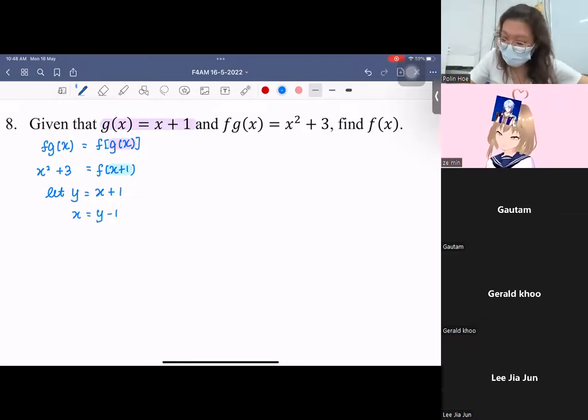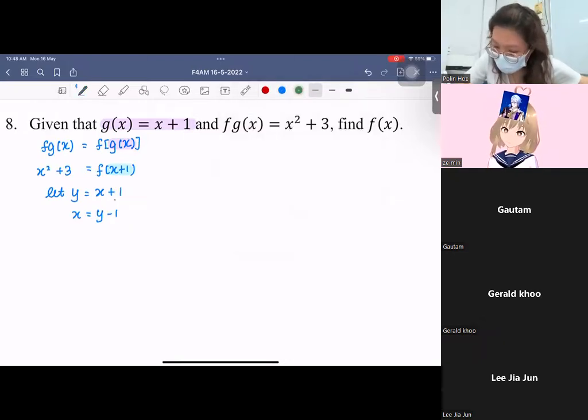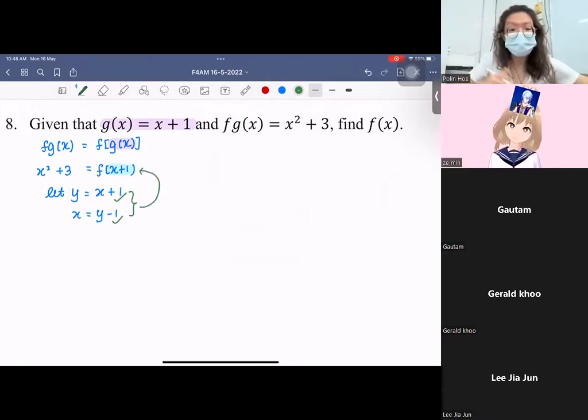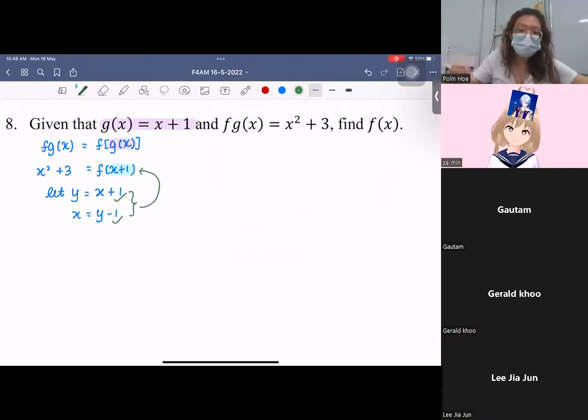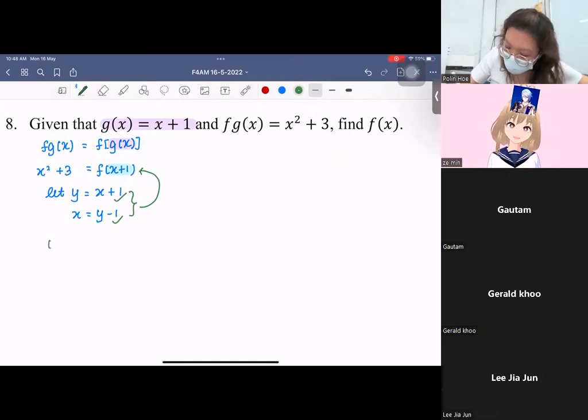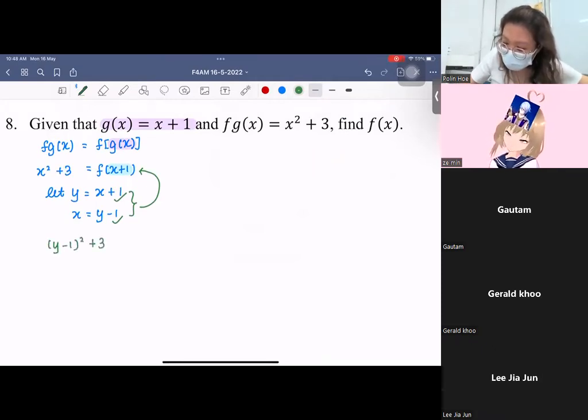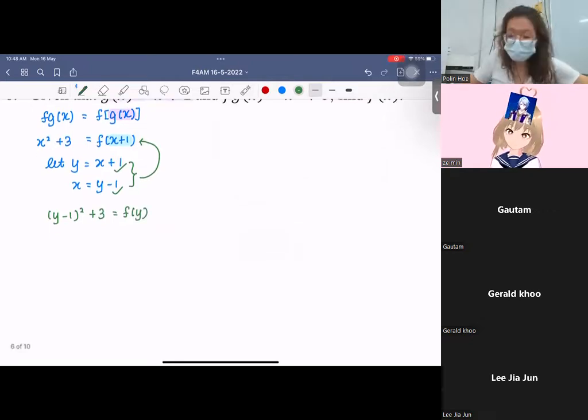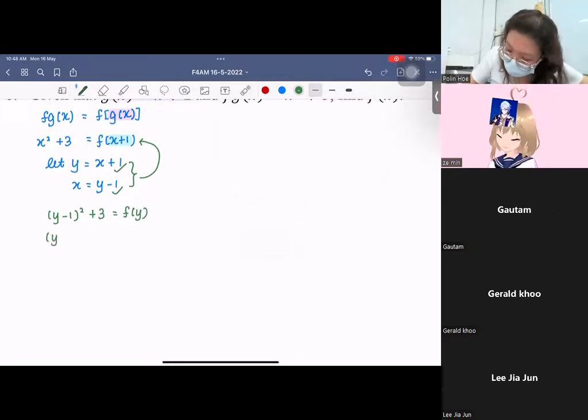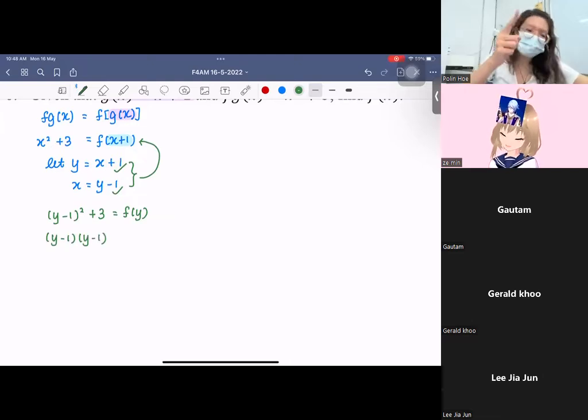After you got your x and your y, you substitute these two back into this equation. So x squared becomes (y - 1) squared plus 3 equals f(y). Y minus 1 squared, you write it out 2 times: (y - 1)(y - 1), but not y squared plus 1.